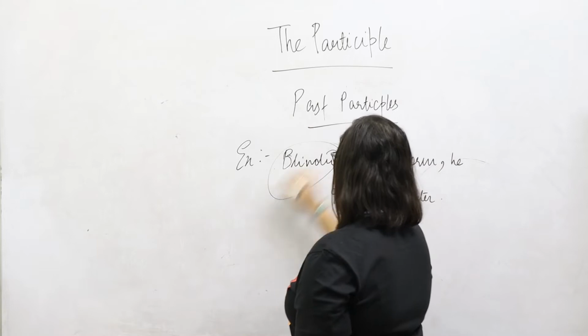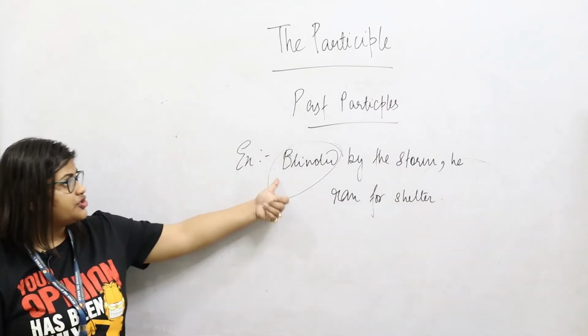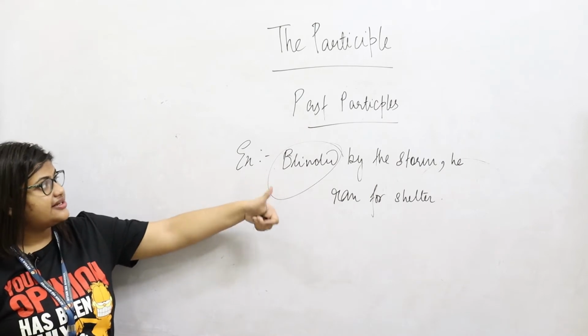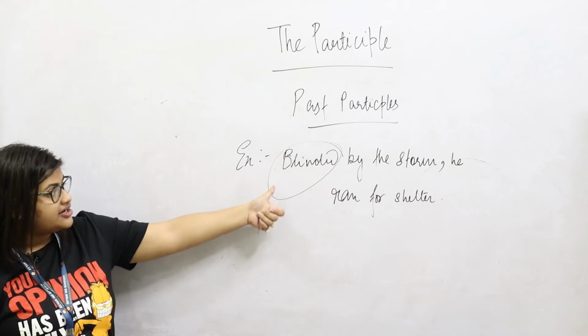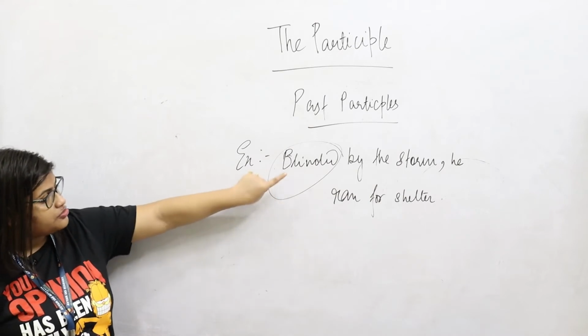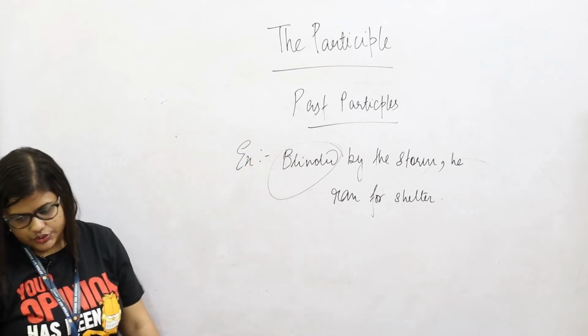So the first example is being blinded by the storm, he ran for shelter. So this word is being used partially as a verb and partially as an adjective. And it is not used in the present form, it is used in its past form. So it is the past participle that we are doing.